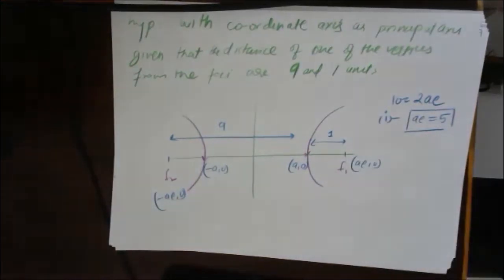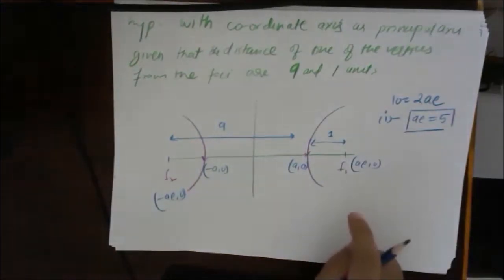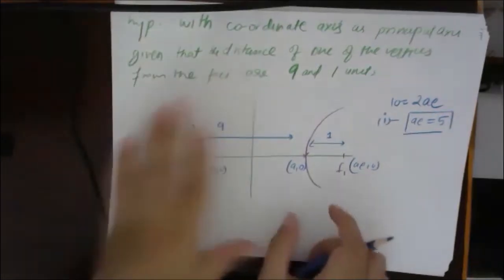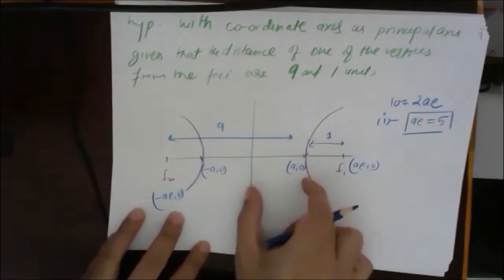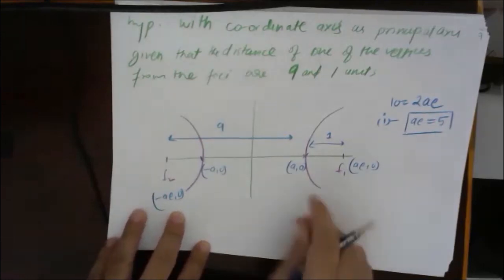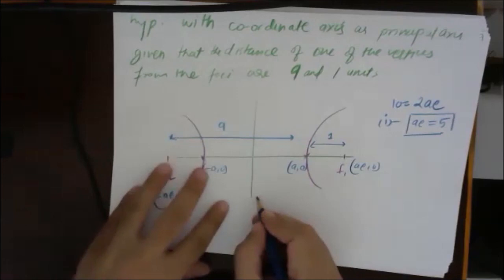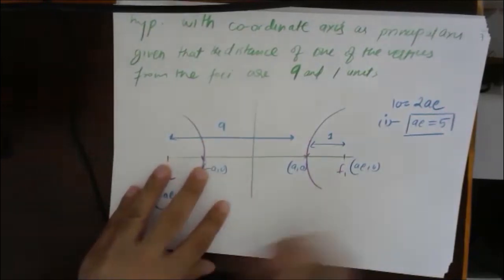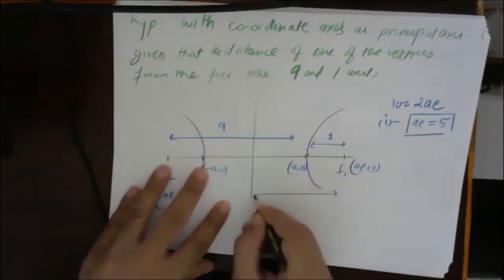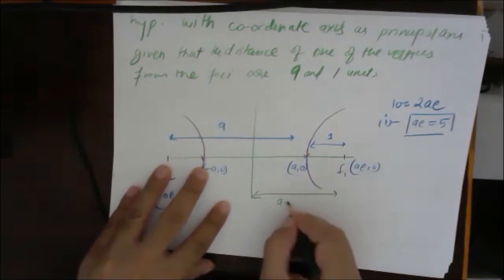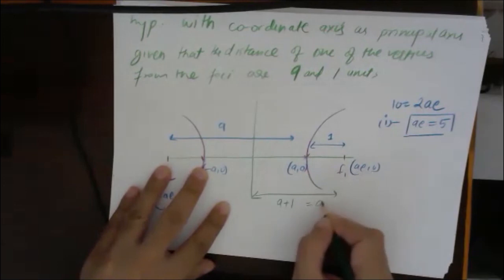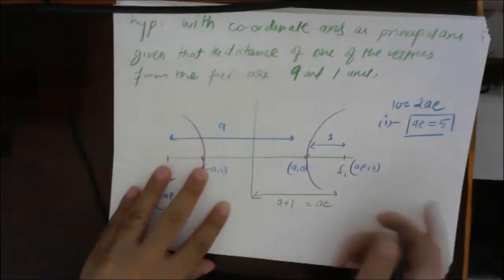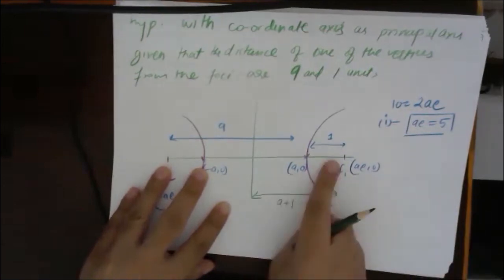The second relation we can get is this: suppose this part is a. The total distance from here till here is a plus 1, and this equals ae, or in other words, ae is a plus 1.